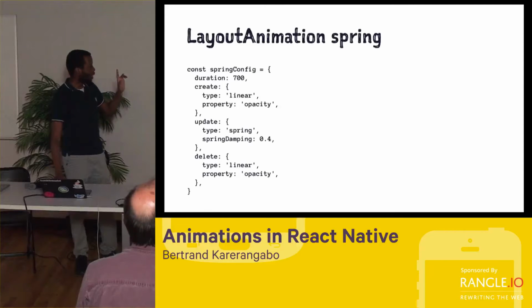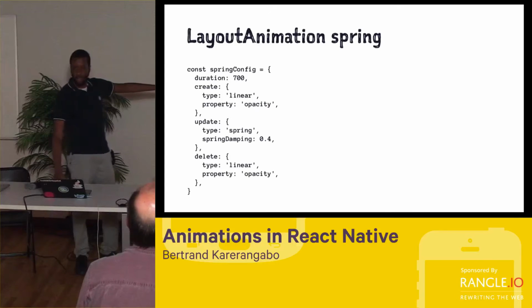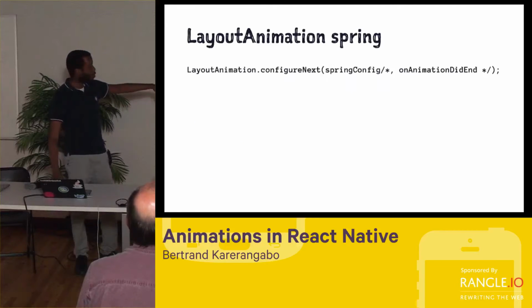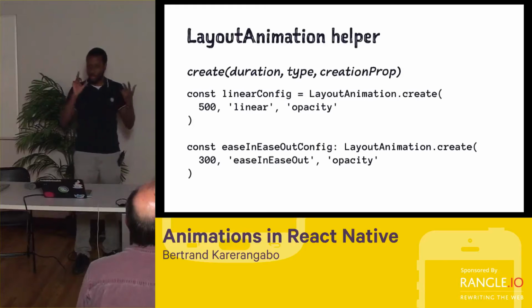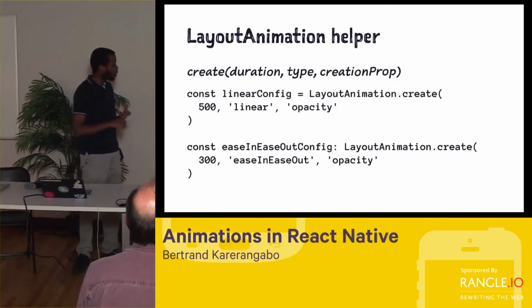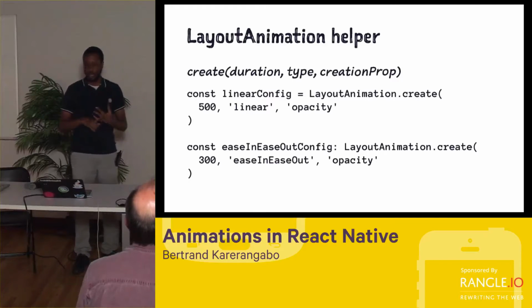If we go back here a little, this is a lot of work, and we needed to do all this work because springs are not simple. A lot of the animations you may be interested in doing are fairly simple, and so layout animation actually provides you a nice helper called create. And this is how you would use create. Create takes a duration, a type, again, that string constant of the animation type, and a creation property.